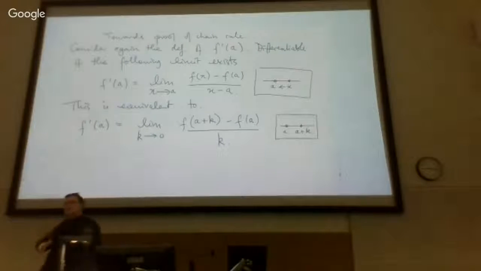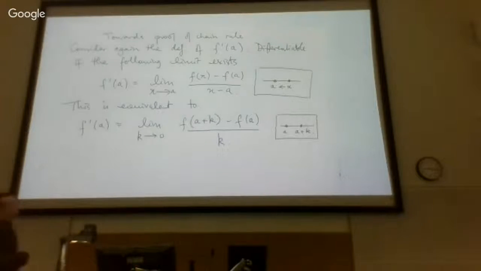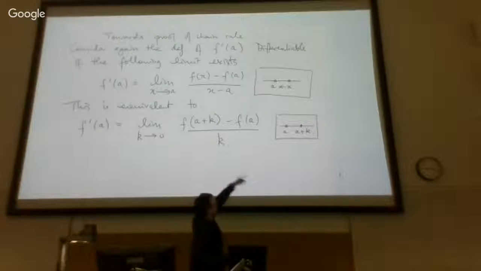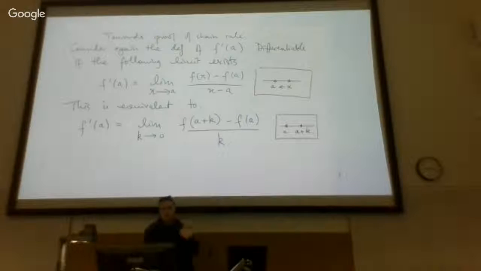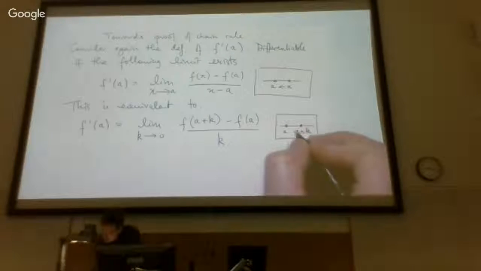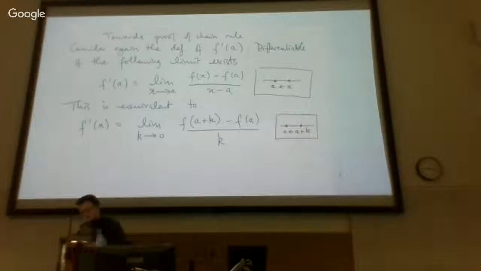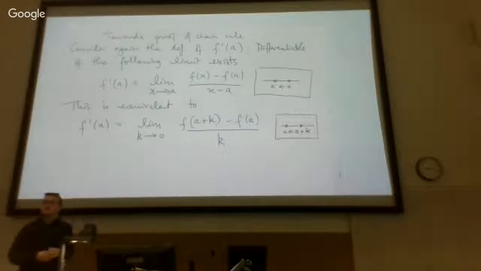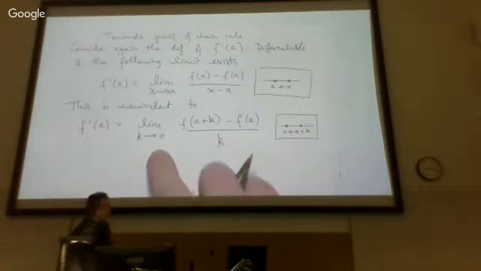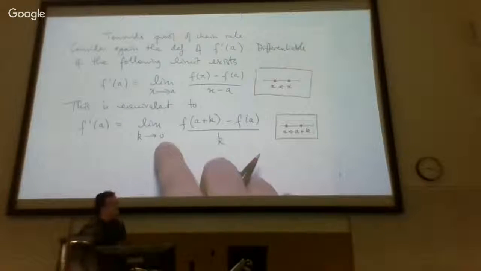Instead of using x for the other point, we use a plus k to refer to the other point. The k could be positive or negative, which would affect which side of a the other point a plus k is, of course. And we're going to let that point a plus k converge to a, and that is done by taking the limit as k goes to 0.